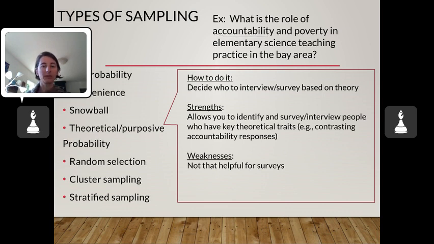In my case, I'm going to perhaps interview a series of teachers from a high accountability pressure situation where they're under the gun for math and language arts scores, and interview a series of teachers from a low accountability pressure situation where their scores are already very high. So that would be allowing theory to guide my selection of people.